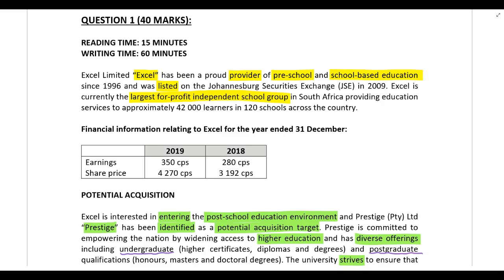So we can definitely calculate the movement in earnings per share. So we can calculate what this increase is from 2018 to 2019. We can also calculate the movement in the share price from 2018 to 2019. In addition to that, if we have earnings information and the share price, we can calculate the price earnings multiple. Remember, we calculate the price earnings multiple by taking the share price and dividing by earnings.